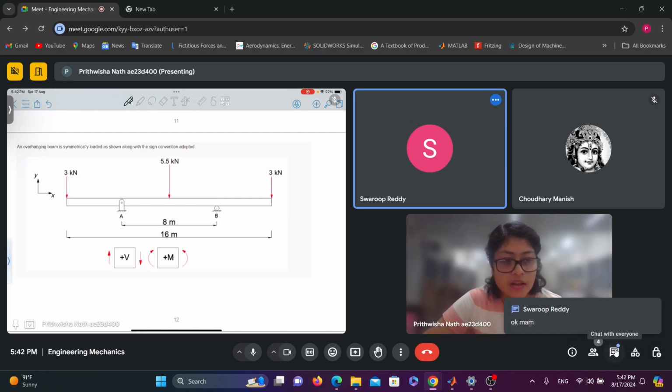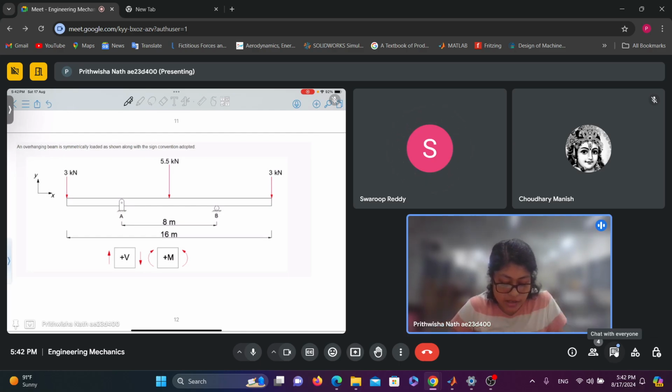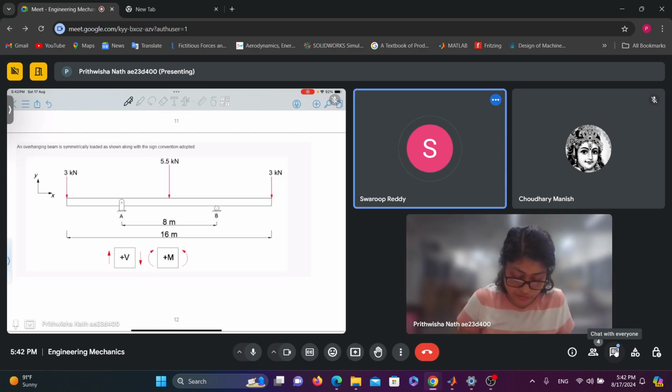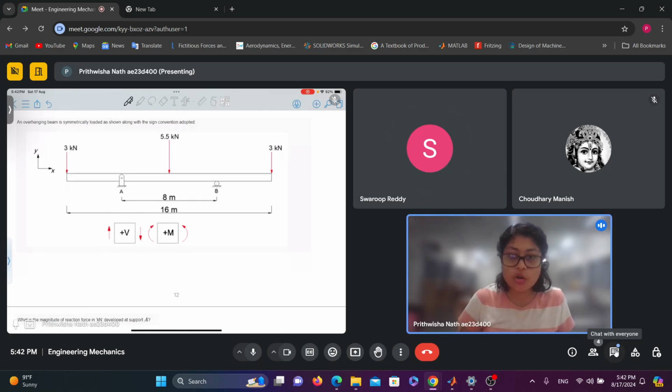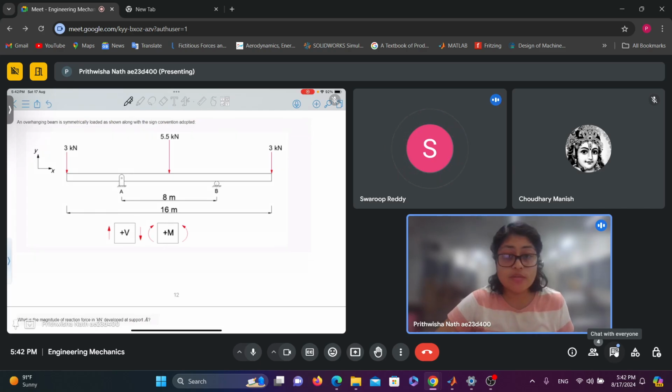So this is the next problem. An overhanging beam is symmetrically loaded, and now another type of sign convention should be followed for this problem. Can you notice the difference? In the earlier problem, the sign convention used was different, right? Yes, ma'am. So can you try solving this problem?